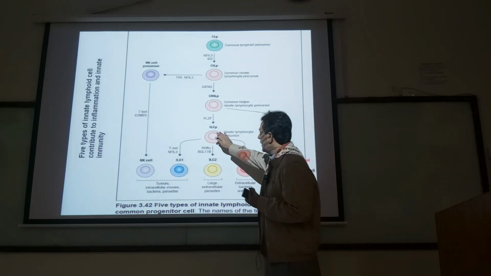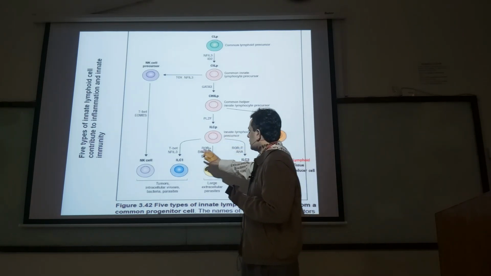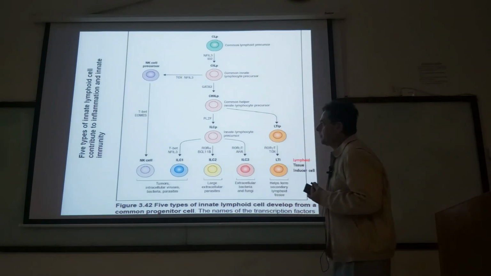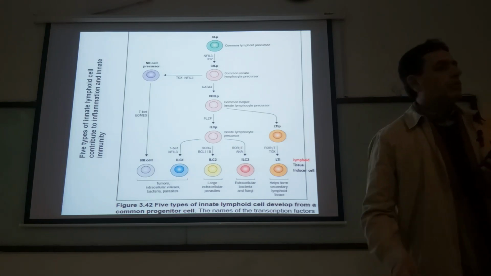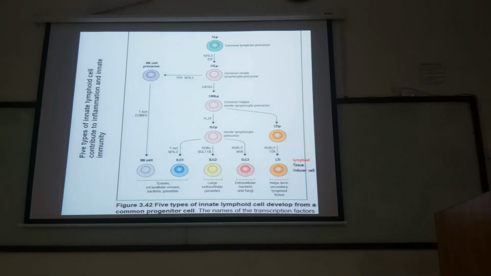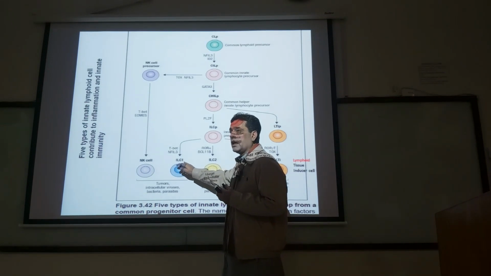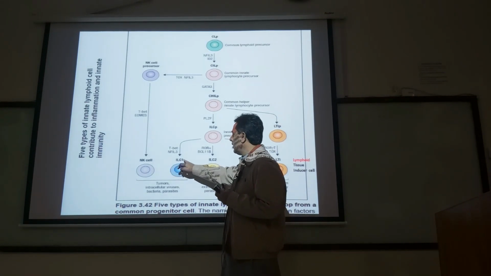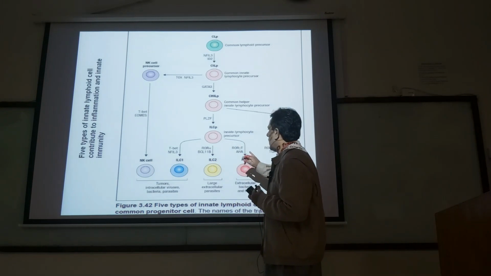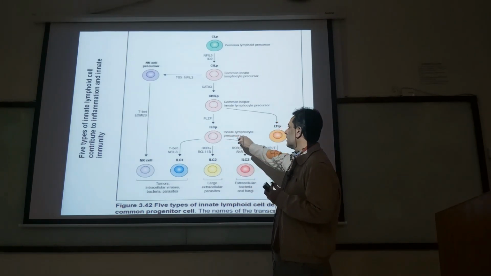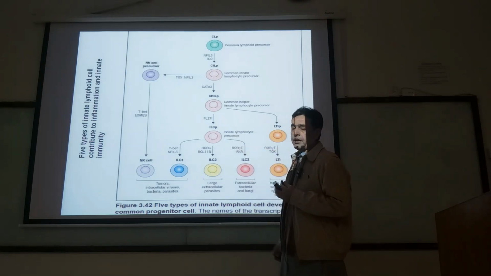So this innate lymphocyte precursor is going to give rise to 3 different types of cells, which are known as ILC1, ILC2, and ILC3. ILC for innate lymphoid cell. Innate lymphoid cell 1, 2, and 3 coming out of the ILCP, this progenitor cell, precursor cell.